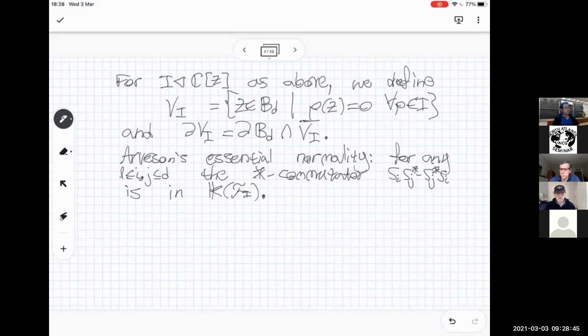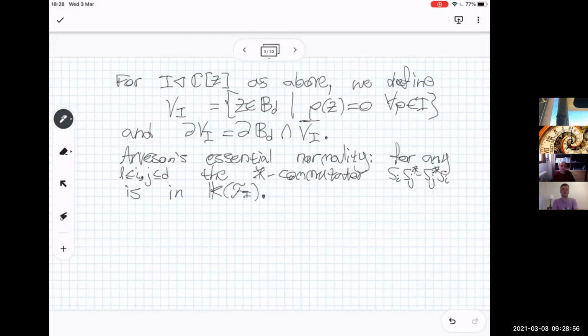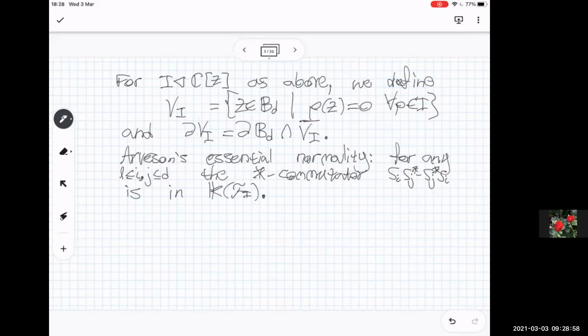So in other words, if you quotient out by this ideal of compact operators, you get a tuple that is normal, a commuting row contraction of normal operators.